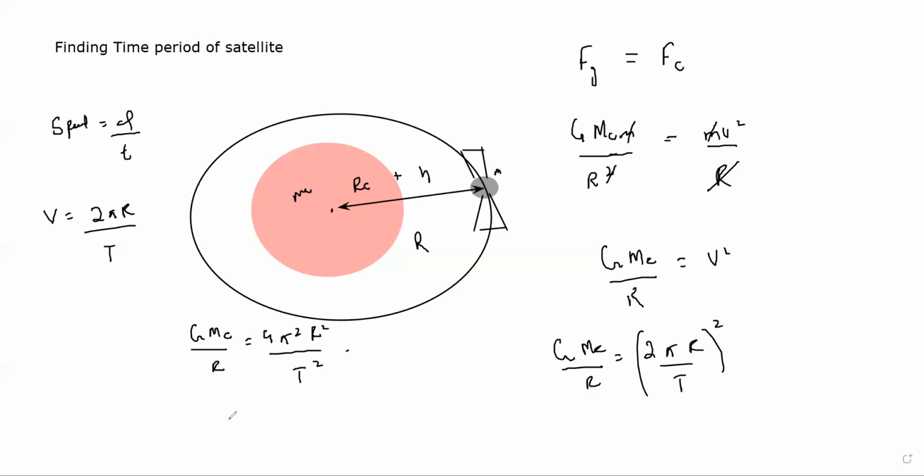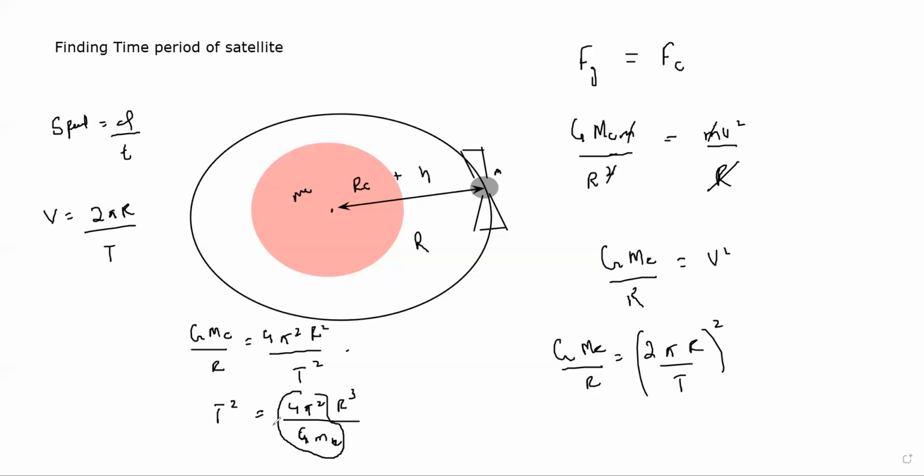Or if I just solve this equation, I can say t square, because we are finding the time period, t square is equal to 4 pi square, r will be multiplied so it becomes r cube, divided by G and M e. 4 pi square, 4 is constant, pi is constant, the gravitational constant is there, and the mass of Earth is constant, so this whole factor is constant.